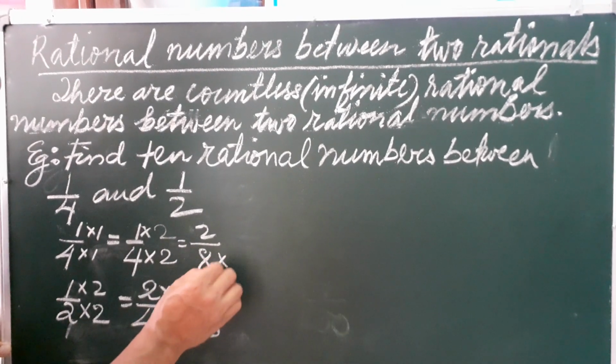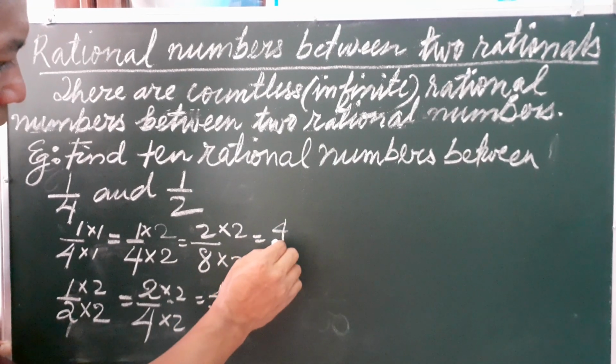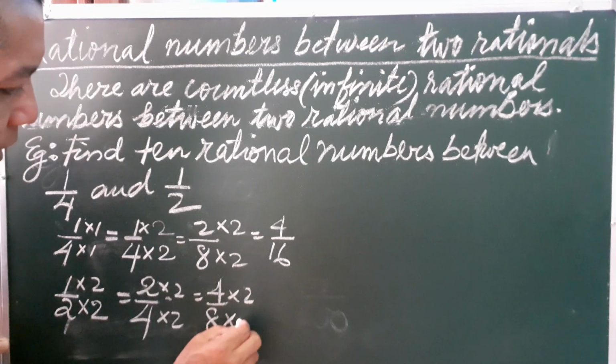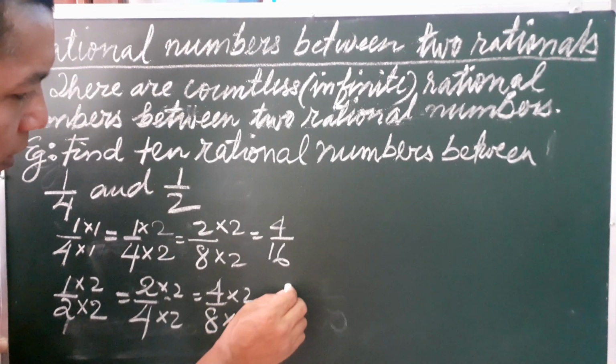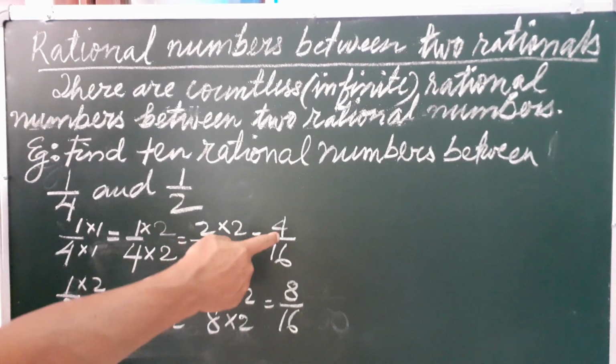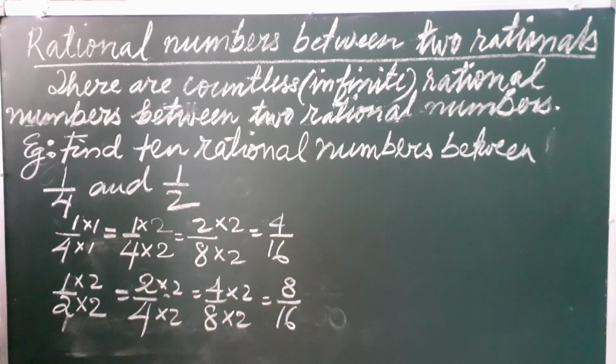Again, multiply by 2. You'll get 4 by 16 and 8 by 16. Between 4 and 8, there are only 3 numbers.